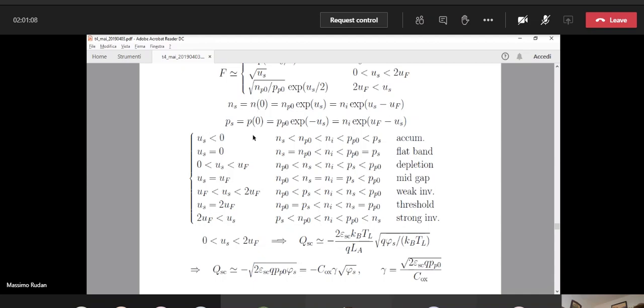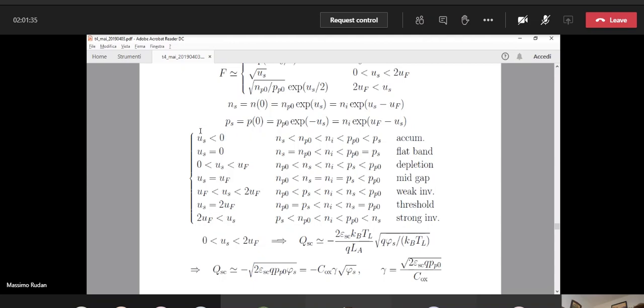When US is negative, obviously, the concentration of the holes, since the exponential of minus US is positive and larger than 1, PS is larger than PP0, whereas NS is smaller than NP0.